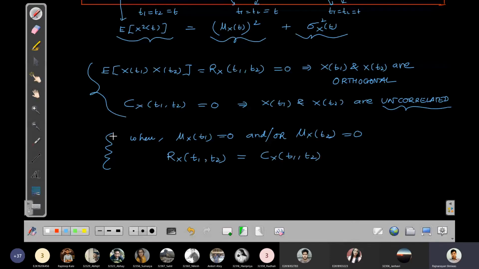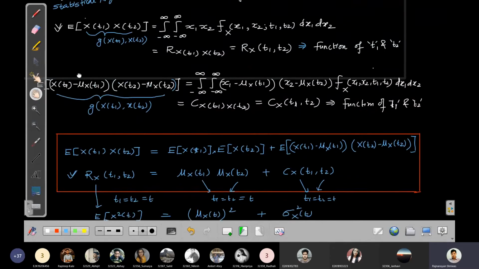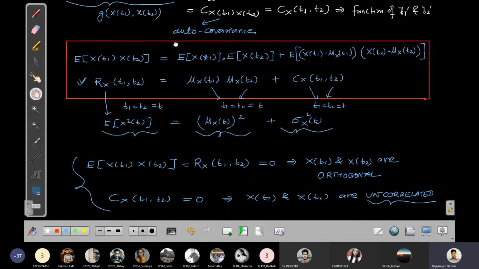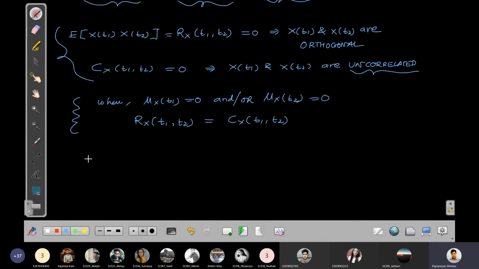So this is called autocorrelation and this is called autocovariance. In general they are functions of time. This is what we studied last time.